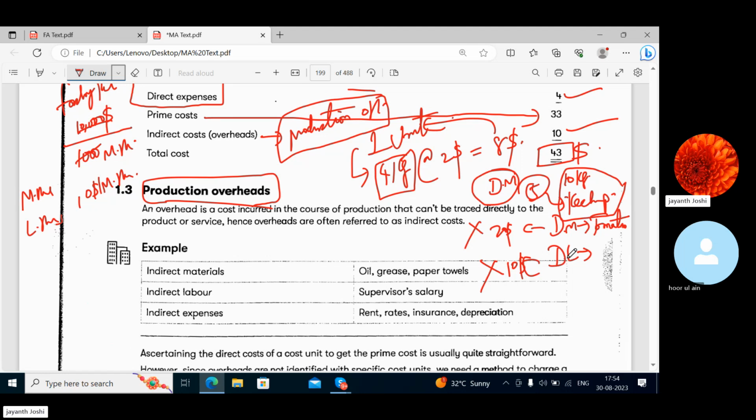So these costs, direct material and direct labor, are only happening because of this particular activity called ketchup manufacturing. If the ketchup manufacturing division wouldn't have been there, these costs wouldn't have been incurred, right? So these are directly traceable costs.